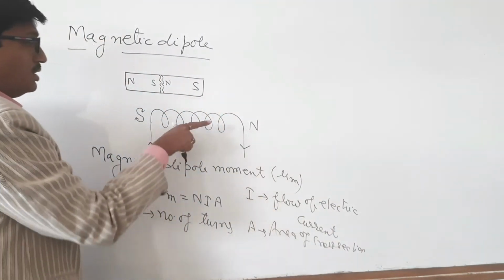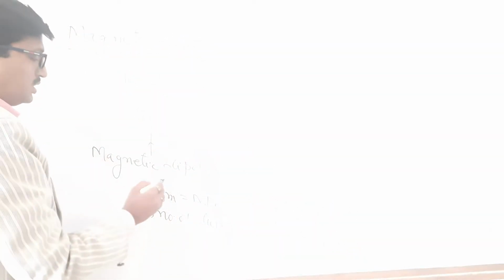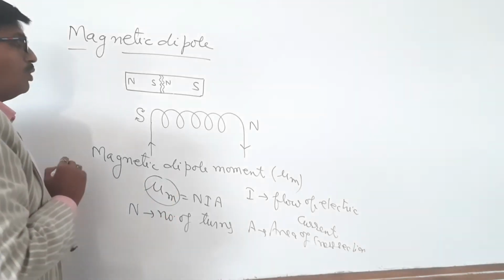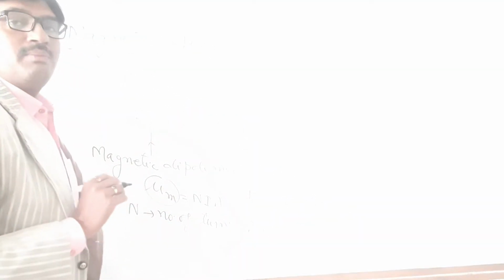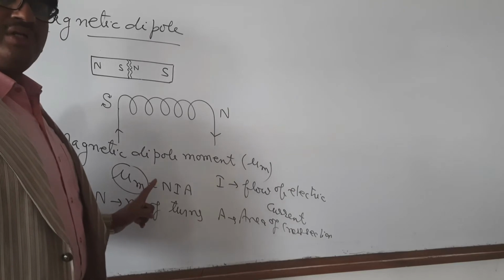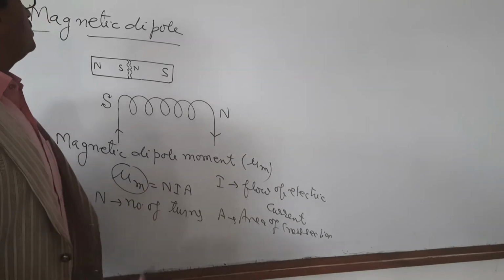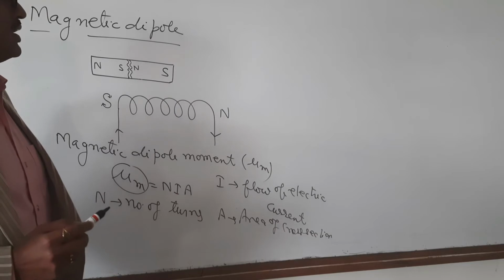This is the area of cross section. So this is the magnetic dipole moment of the magnet. This is one terminology which we use in the magnetic property of matter.